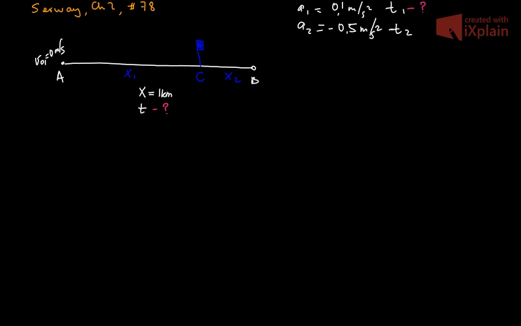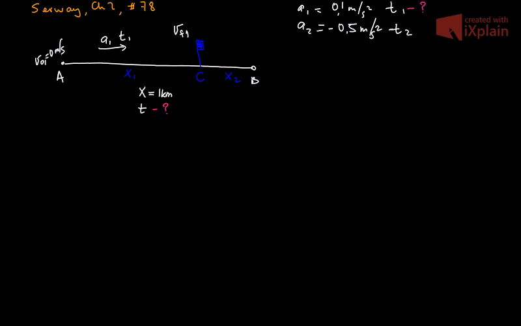Now, from point A to point C, the train is going to accelerate with the acceleration a1 in a time interval t1. When it reaches point C, I'm going to call the final velocity in the first portion v final 1.